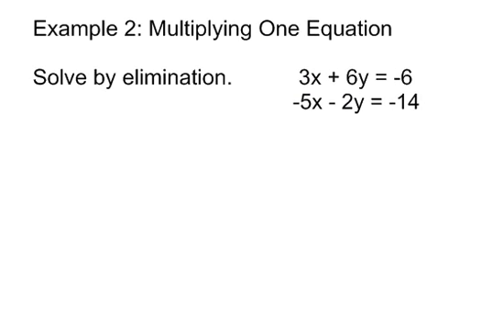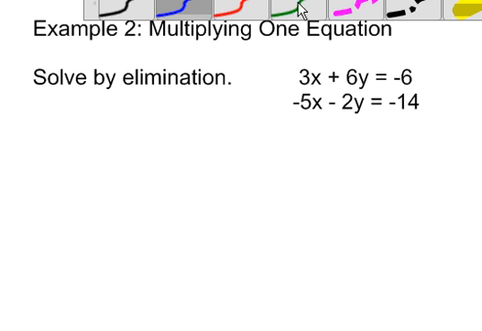All right, now sometimes it's not so simple. We can't just simply add or subtract one from the other right here in order to solve this problem, because if we did that, we wouldn't have one eliminated. So the trick here is going to be that we're going to try to multiply one whole equation by something so that we can eliminate it.